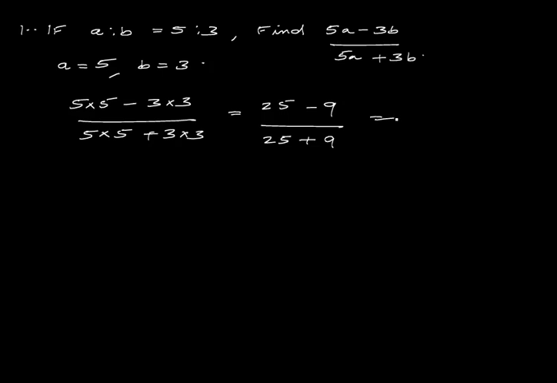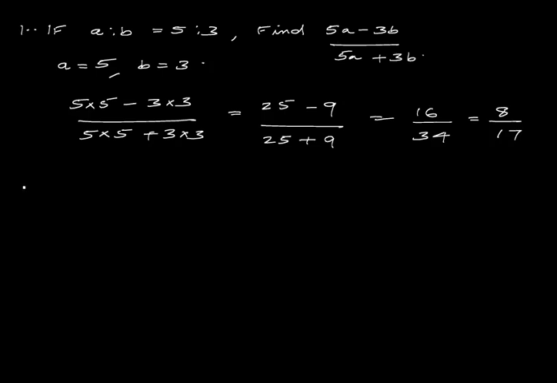It's equal to 16 divided by 34. We can simplify this because we can divide this by 2. We get 8, and 34 divided by 2 is 17. So 5A minus 3B divided by 5A plus 3B is equal to 8 divided by 17.